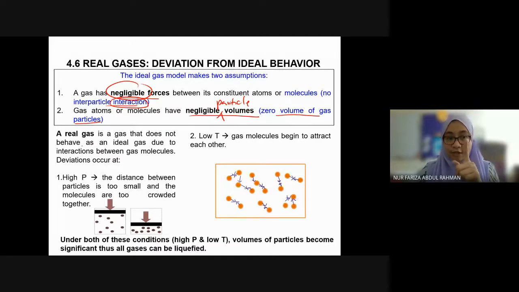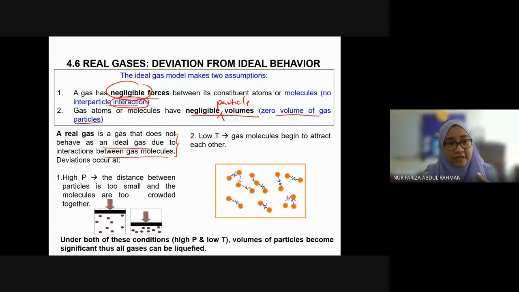For real gas, meaning the actual one, supposedly it has those forces, it's just that they are ignored. So a real gas is a gas that does not behave as an ideal gas due to interaction between gas molecules. So we can say that this is the deviation from ideal behavior.